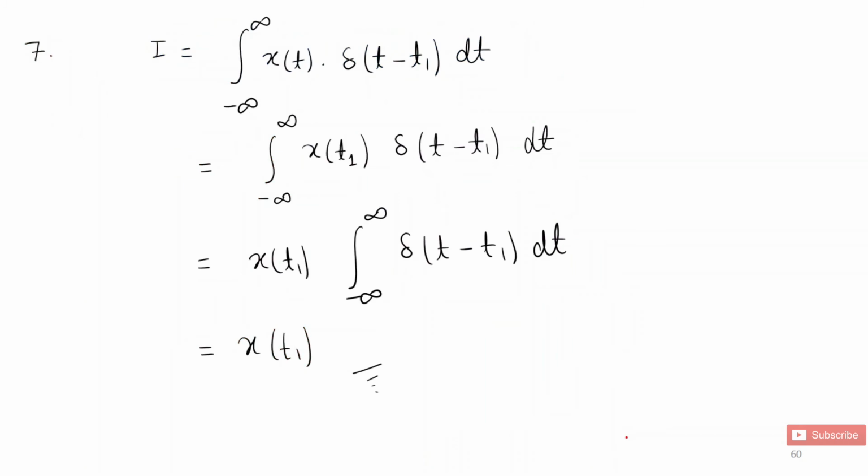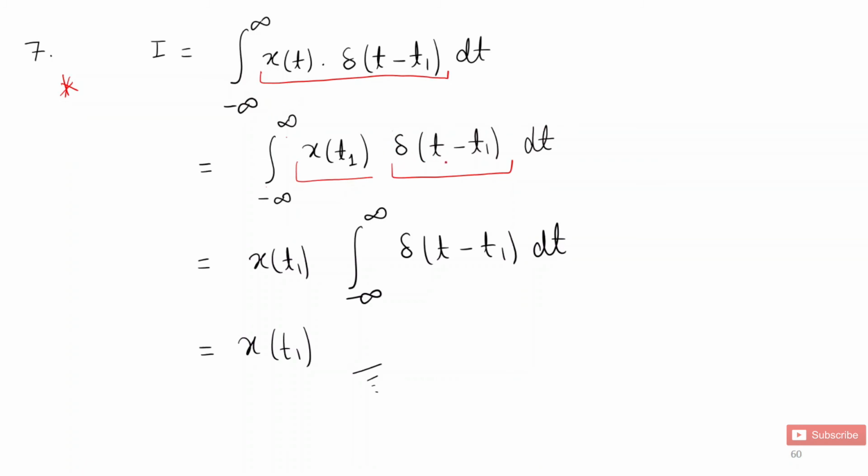Easy है property. Next important property, I equals the integral from minus infinity to infinity of x(t) into delta of t minus t1 dt. So property को आप expand करिए. You know this will be x(t1) into delta of t minus t1, and you know this is basically the area from minus infinity to infinity of delta of t minus t1.